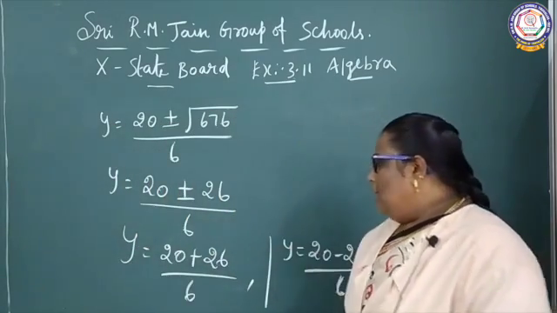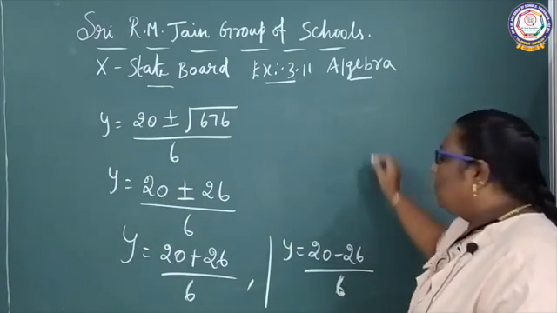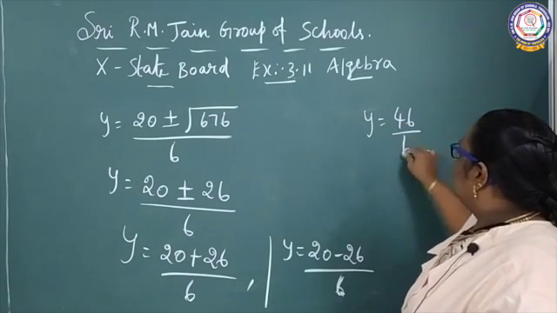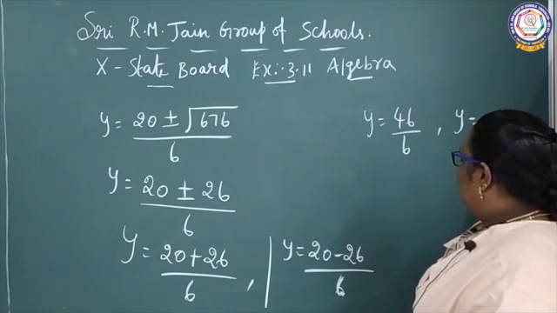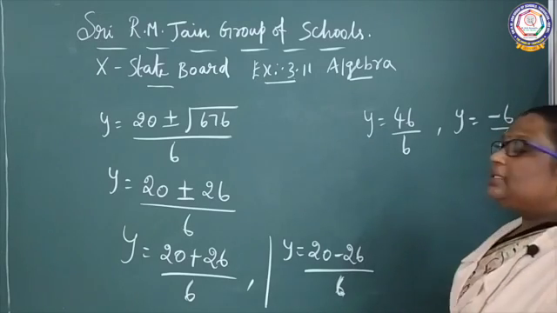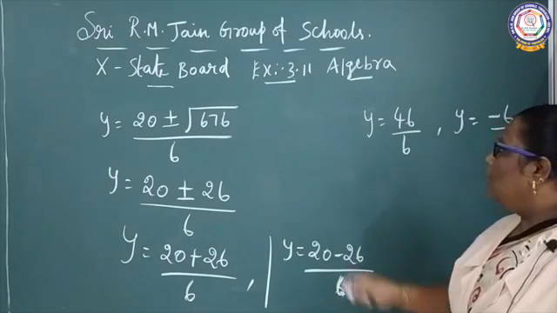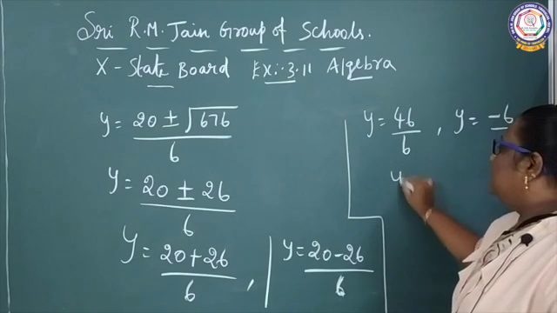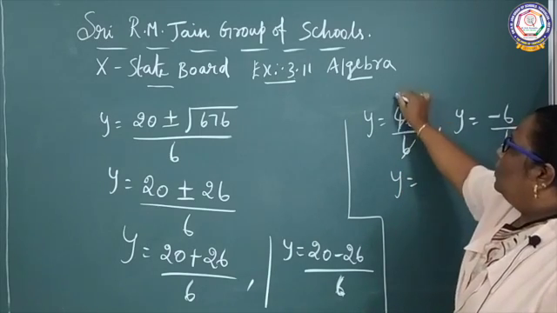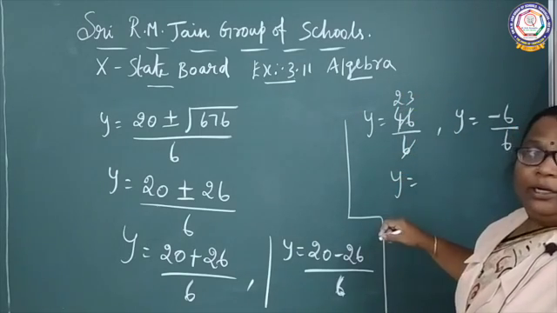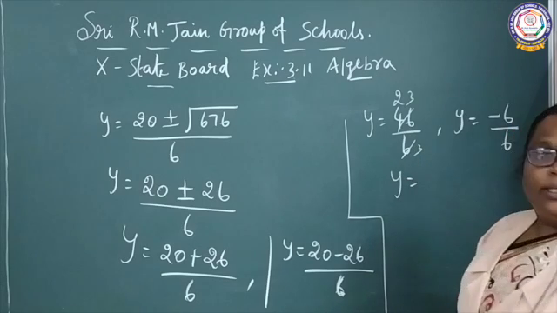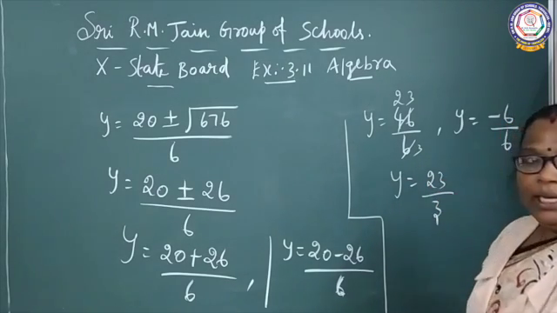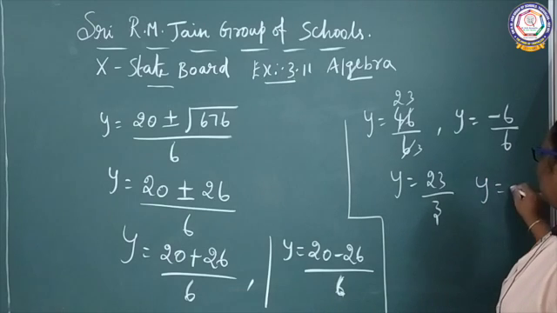See here, y equal to 46 by 6 comma y equal to minus 6 by 6. When we cancel, y equal to 23, 23 3 2s are 6, so y equal to 23 by 3, and y equal to minus 1.